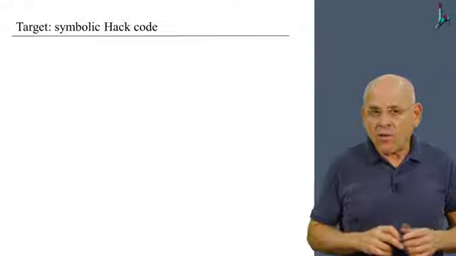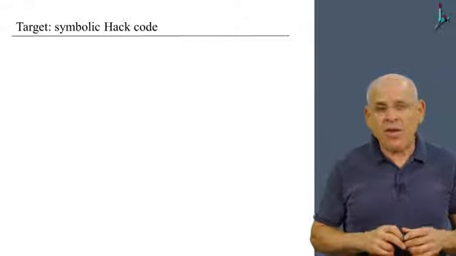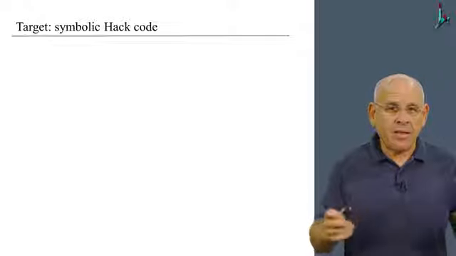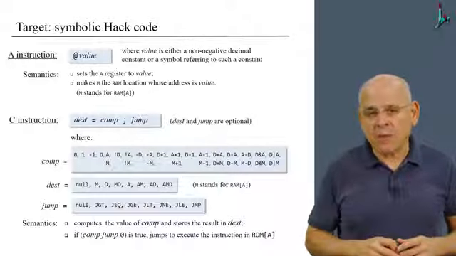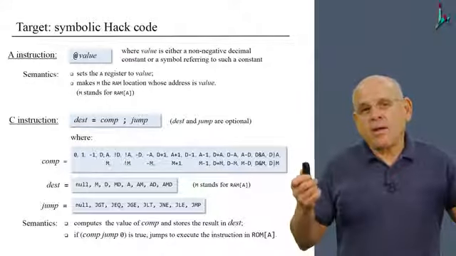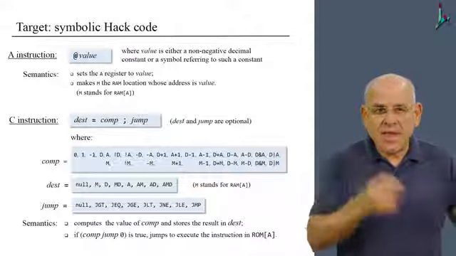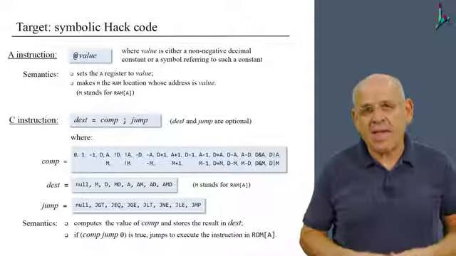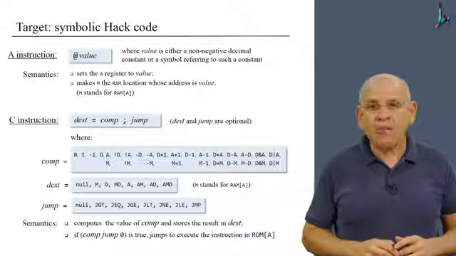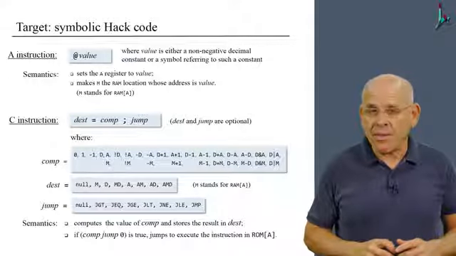The target of our translation is going to be symbolic Hack language, and we went through this language in module 0. It consists of two major commands, the A command and the C command, and that's all you need in order to translate your VM programs into assembly.